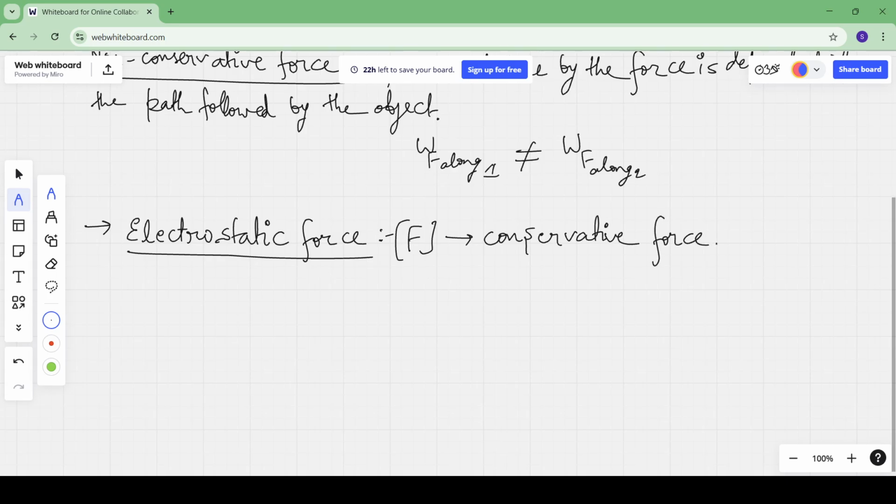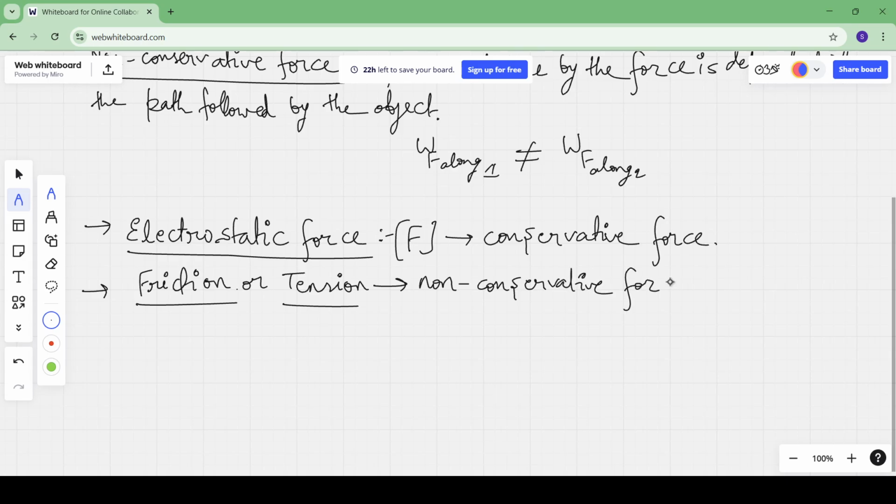And if I talk about friction or tension, like friction between two surfaces and tension in a string, these forces are considered non-conservative forces.